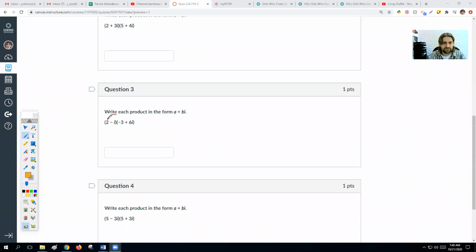All right, so we got 2 times -3 is -6. 2 times 6i is 12i. Let's see. Next, we got -i times -3 is a positive 3i. And then -i times 6i is a -6i squared.